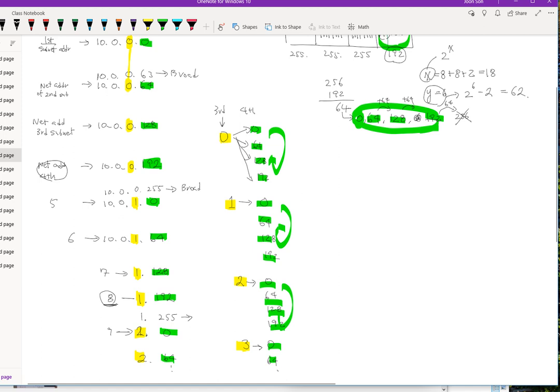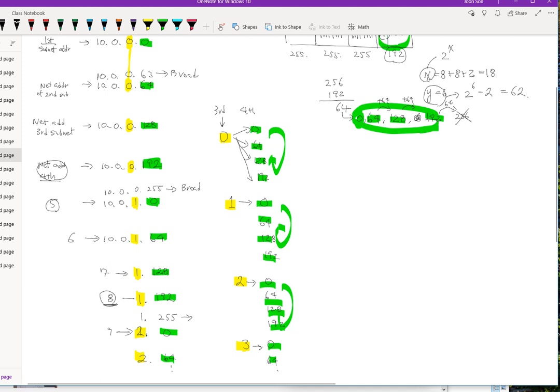Okay. So basically the idea is, when I ask you to find a broadcast address, for example the broadcast address of the fourth subnet, the best way to solve the problem is to first find the network address of the fifth subnet, minus 1.